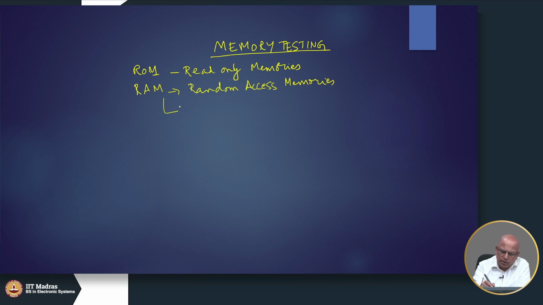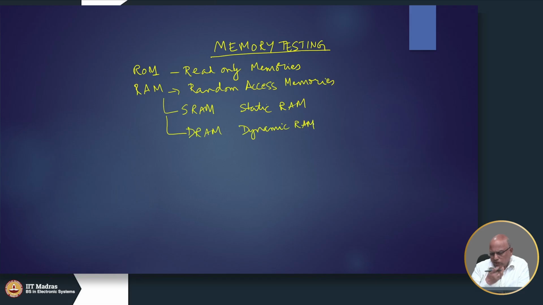Under RAM you may have SRAM or static RAM, and you may have dynamic RAM or DRAM. These are volatile memories.